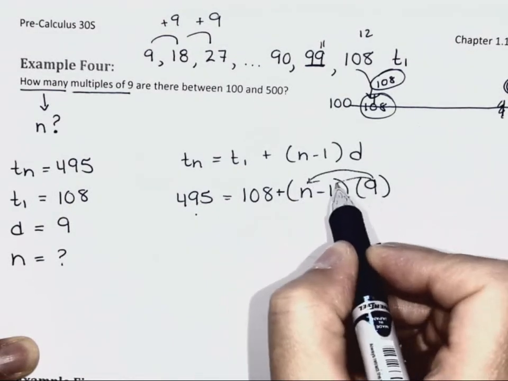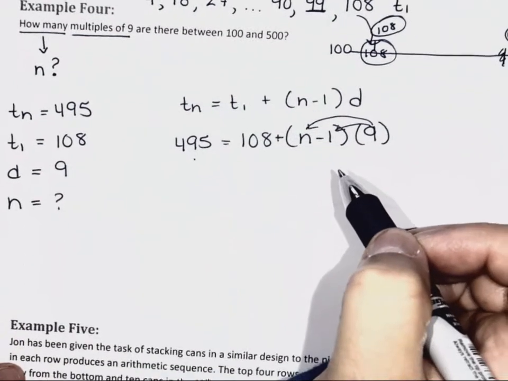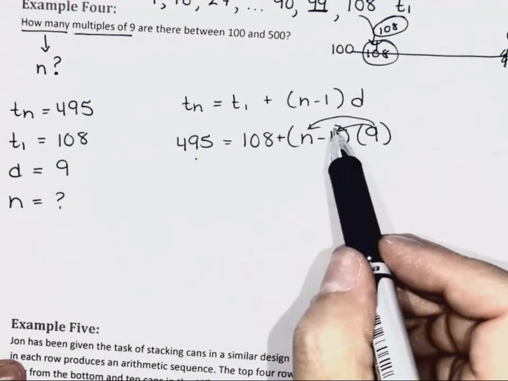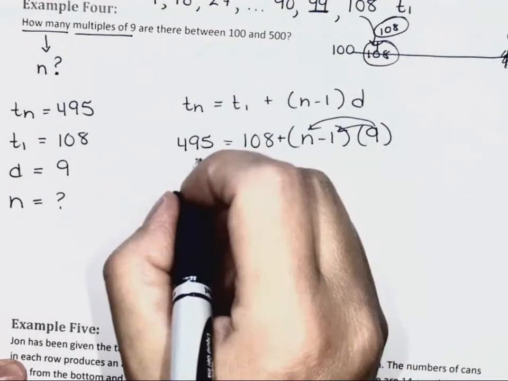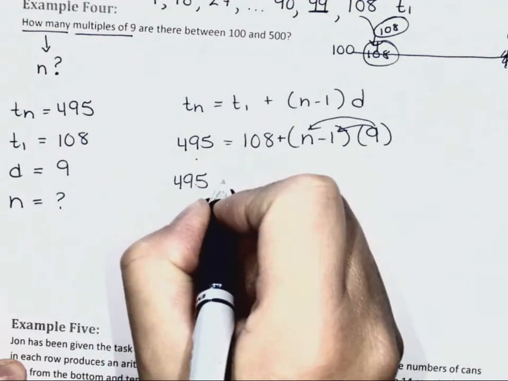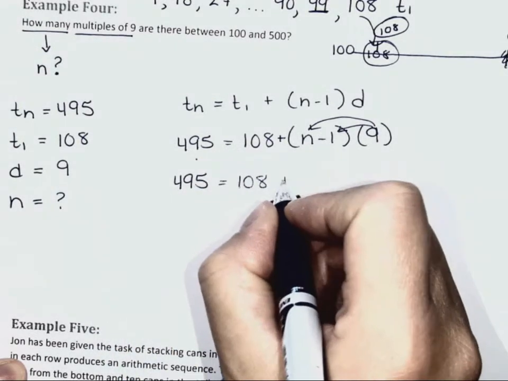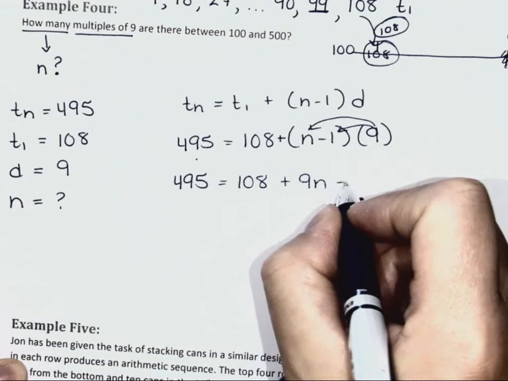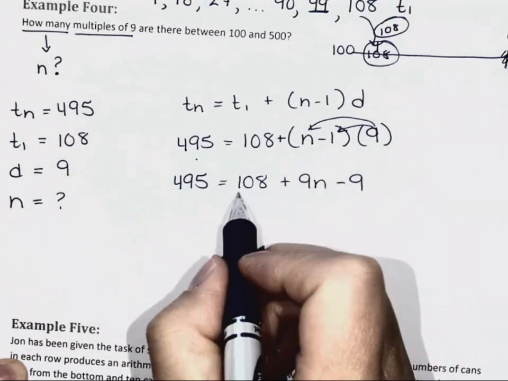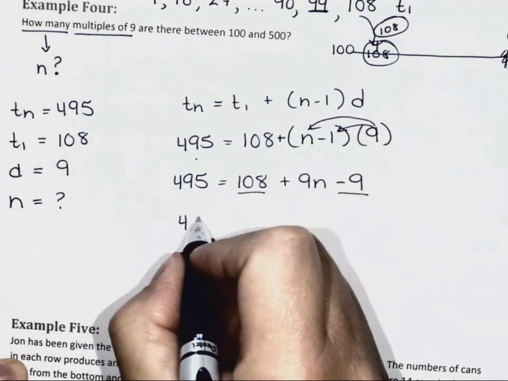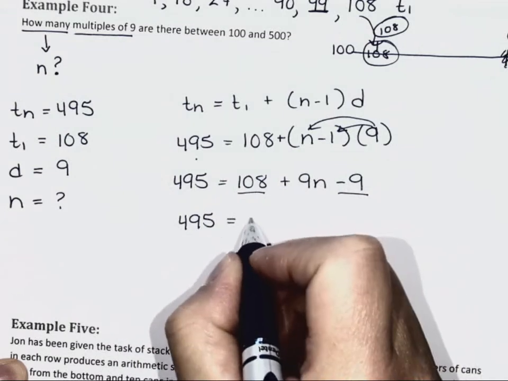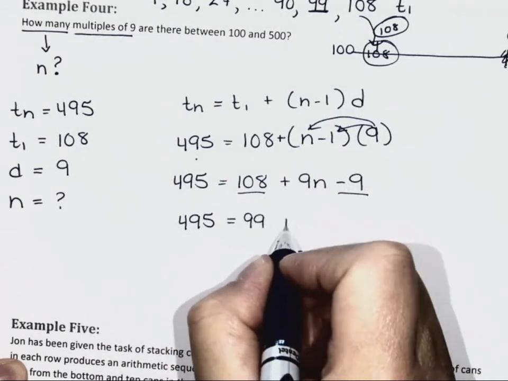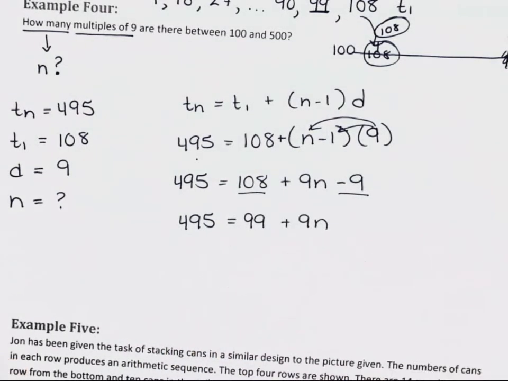So distribute that 9 through, because the order of operations says I'm going to do any multiplying first. It's weird distributing backwards, but we're good. 108 plus 9n minus 9. Now I'm going to combine these two, so I have 495 equals 99 plus 9n. Now it's just a two-step algebra equation, which we all should be pretty comfortable with.